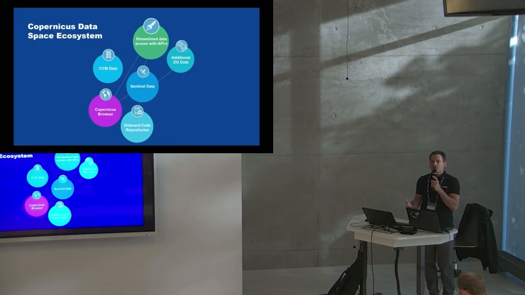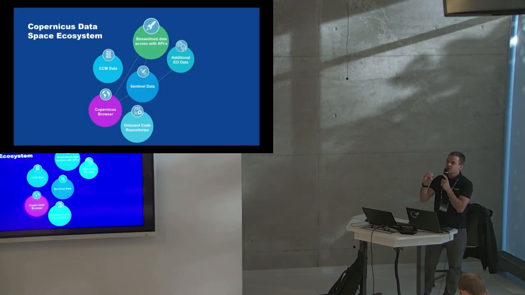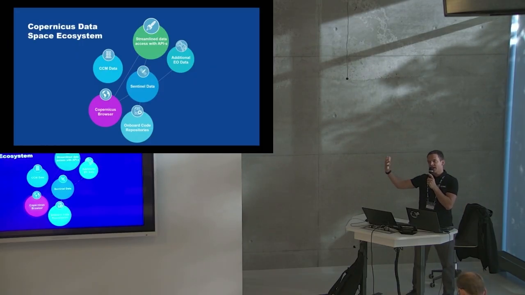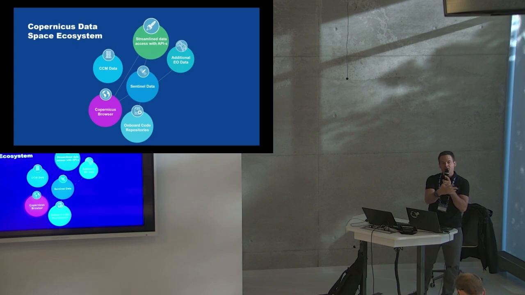And then again, I've talked about the problem of learning. Learning Earth observation coding is not easy. You guys all know. There's so many things you have to learn or understand at the same time. And we are trying to make this easier. And there's 2 ways to do this. One is to reduce the code to the bare minimum. And if we have these APIs, then the API takes care of the visualization. You don't have to build a front end to look at satellite data. And the API also takes care of the back end, the whole thing of accessing a data file, putting it in the right format, putting it in the right grid.